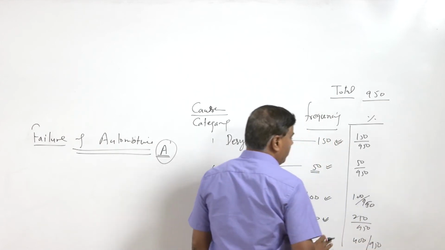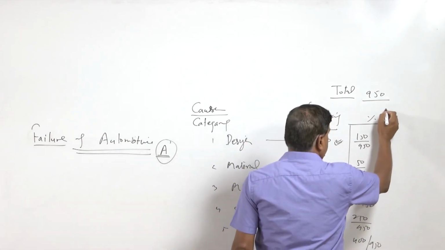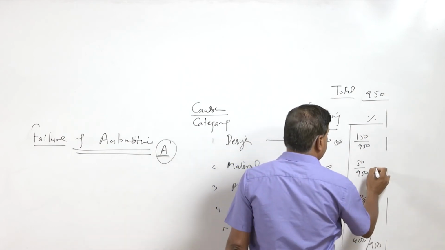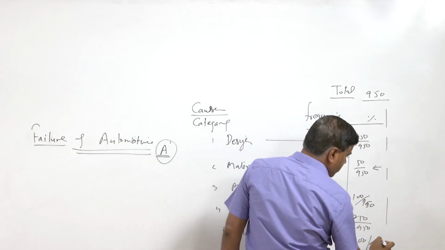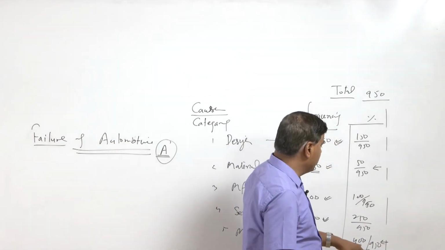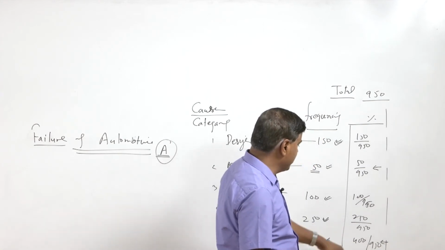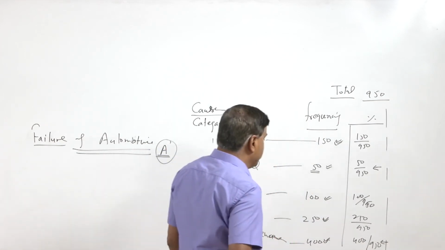This is how we can see the percentage contribution. Obviously, if we see the data, the minimum contribution is due to the faulty material and the maximum contribution is coming from improper maintenance.